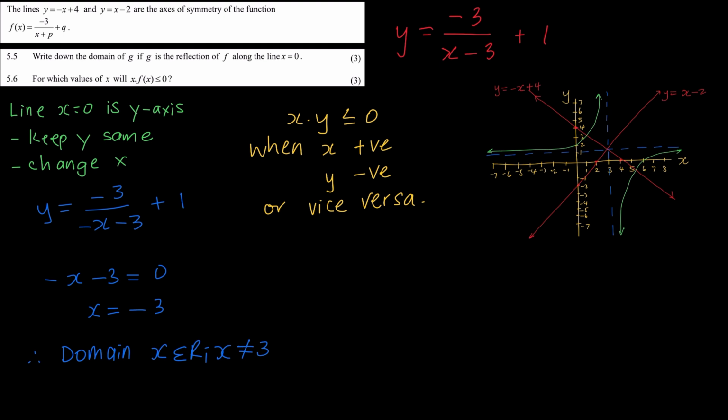or vice versa. So we need to look at our graph and figure out where the x values are positive and where the y values are negative. So x is positive and y is negative in this region that I've drawn a rectangle around. You can see that the x values are positive, but the graph is below, in the negative y region.